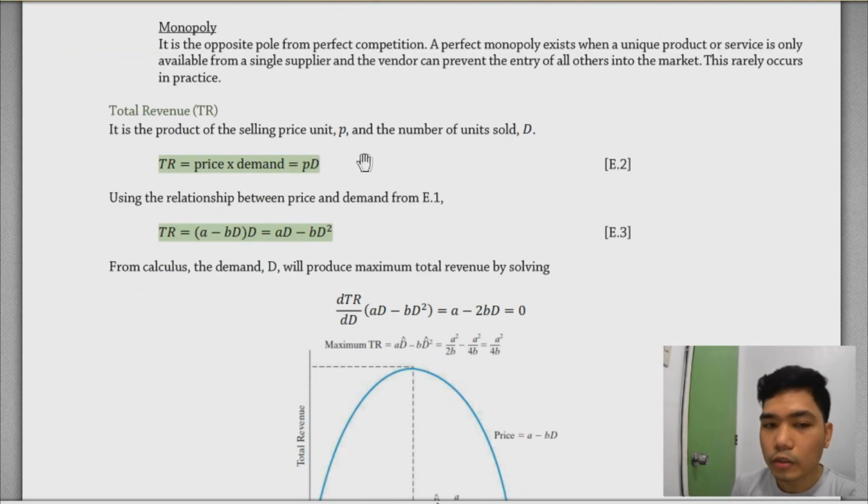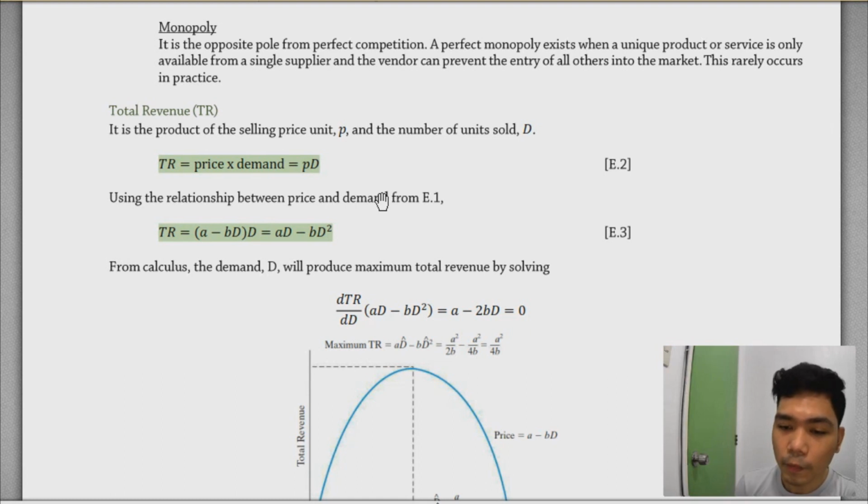When we talk about total revenue, this is the product selling price and the number of units sold. Basically, this is what we call the kita in Tagalog, yung kinita natin. So, you sold something. Let's say, for example, you sold 1,000 units of notebook, and each notebook costs, let's say, 30 pesos.